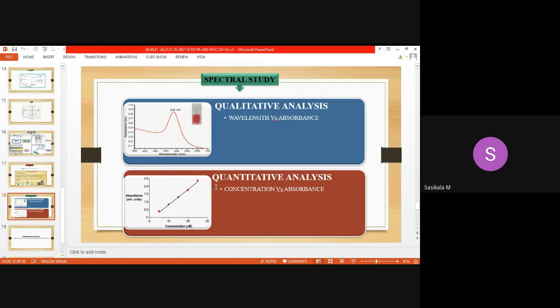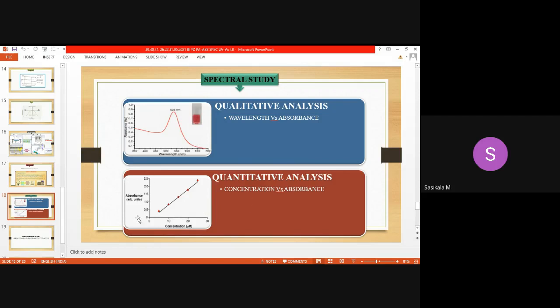Minimum of 5 readings we need to take. According to standard guidelines, we need to take 4 to 6 readings. Optimum of 5 readings for linear graph plotting. In practicals you will be doing this, and I will explain what a calibration curve is and how to plot it at that time.